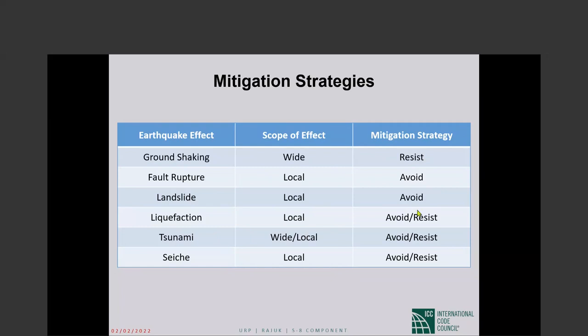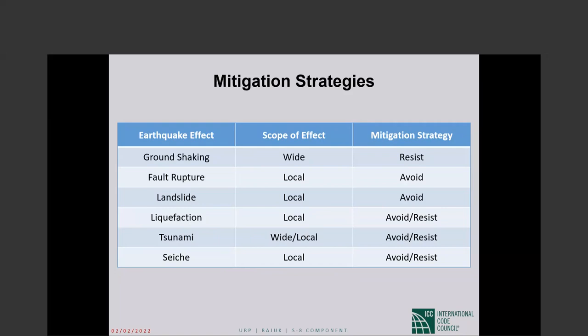Tsunami these days, there is tsunami resistant design starting with ASCE 7-16 that is pretty sophisticated, and we have every reason to believe that that will work. And seiche is the same thing. You will do similar things, maybe not the same. Okay. So avoid if you can, but the tsunami, I don't know, can be avoided because it affects large areas.